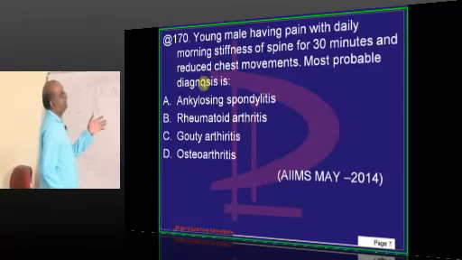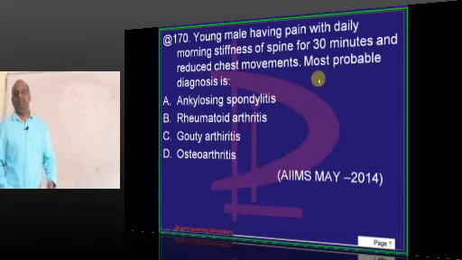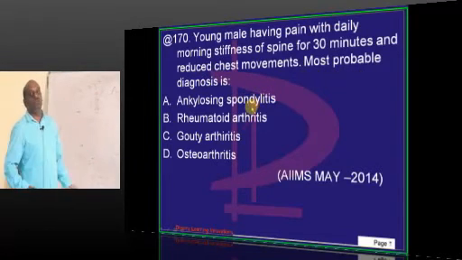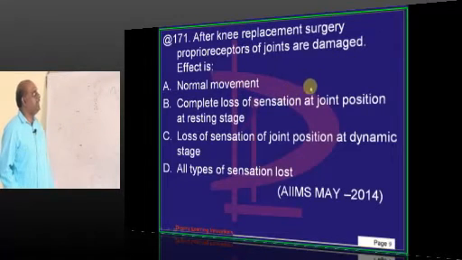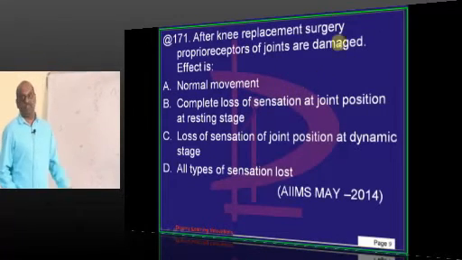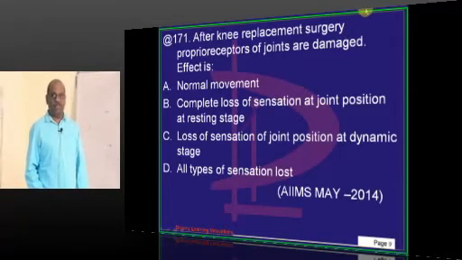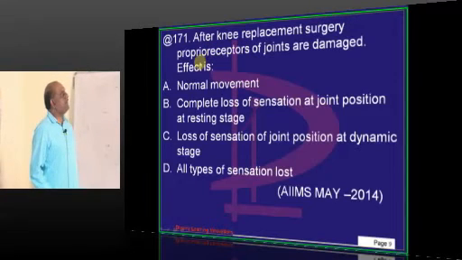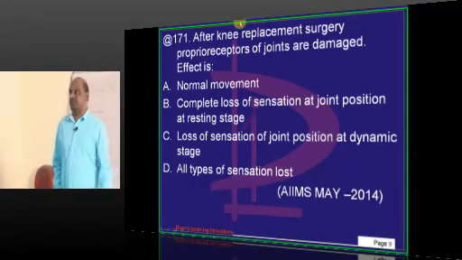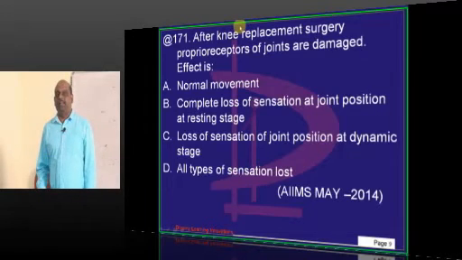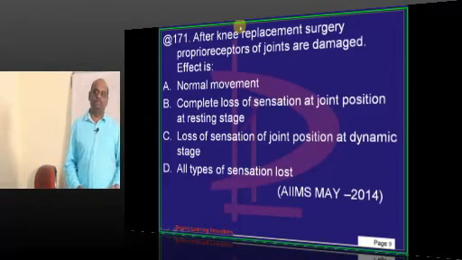Young male, daily morning stiffness of spine, reduced chest movements, classical example of ankylosing spondylitis. After total knee replacement surgery, what happens to the movement? Actually movement improves, because in knee replacement what do you do? दूसरों का knee ला के नहीं लगाते.